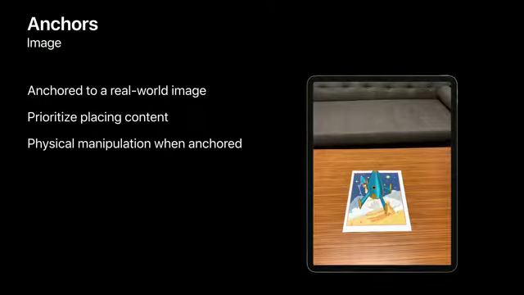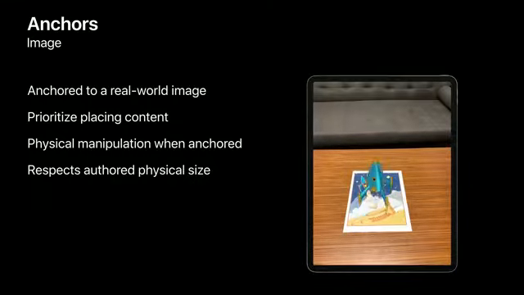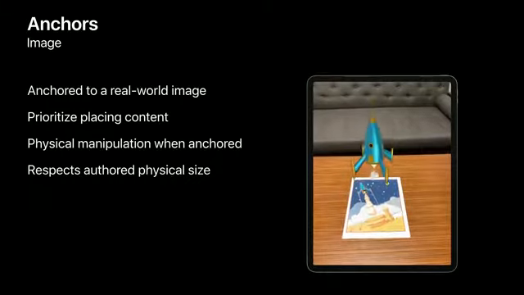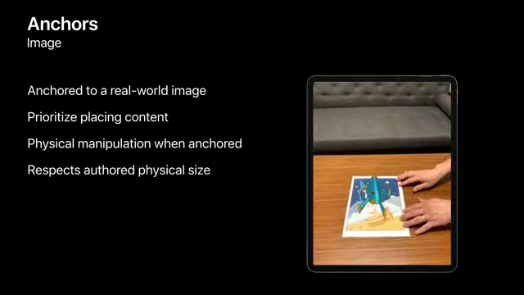One thing to note is that gestures like scale and rotate are disabled. And like fixed anchors, the content remains true to its authored size. So let's take a look at the Soy Rocket model I've authored in Reality Composer as an image anchor experience.